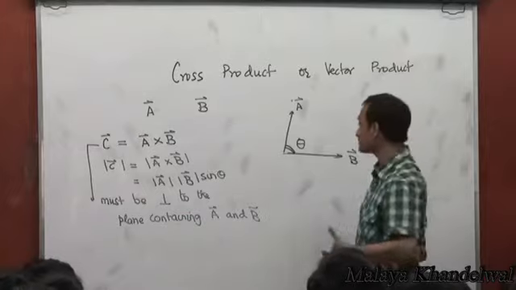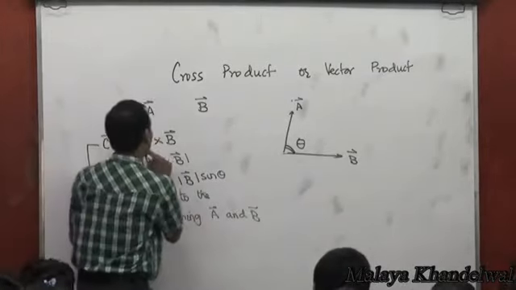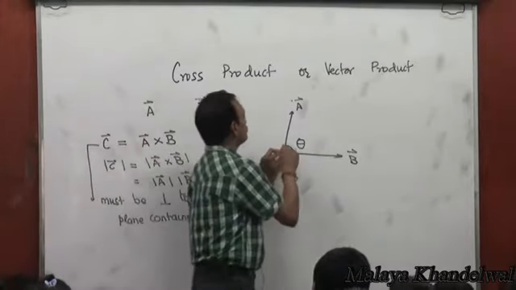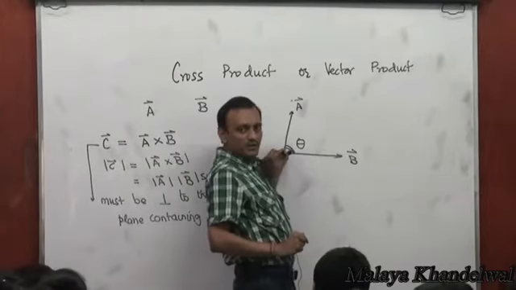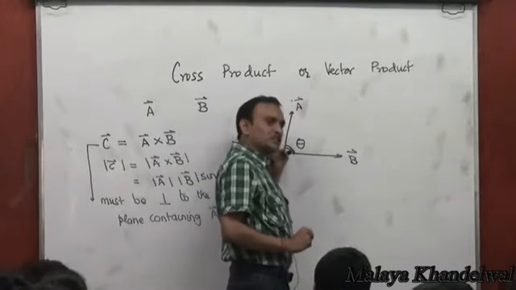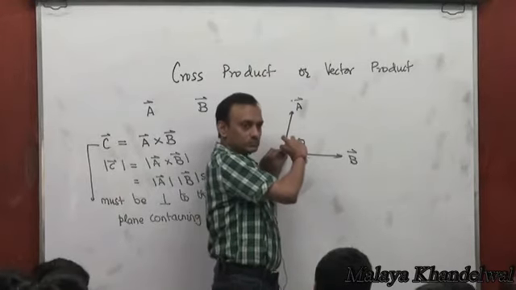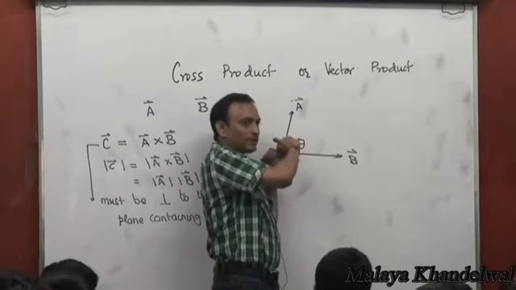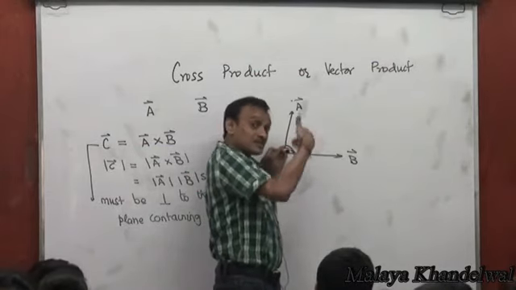Two possibilities. Now, the rule of the game is, if it's A cross B, at the point where A and B meet, place the tip of the screw, hold the head of the screw, and rotate the screw from A to B. That's a right-handed screw.